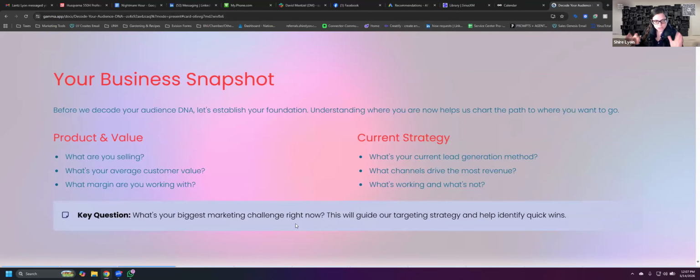So at the beginning here, and this is the beginning of the workbook, it's really about your business. Before you can decode anything about your audience, you need to think about yourself and what you do. Your brand is a lot more than the services you offer. So in this worksheet, what we're going to think about right now is what product or service are you promoting?